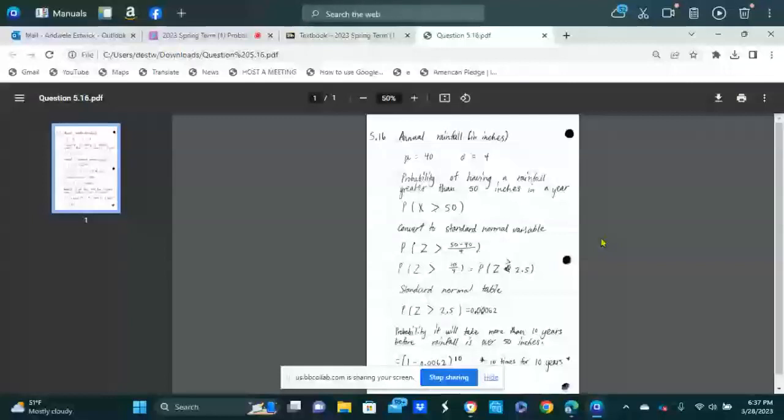And then on the table, the value that corresponds with 2.5 is 0.0062. That's an extra 0, mistake.